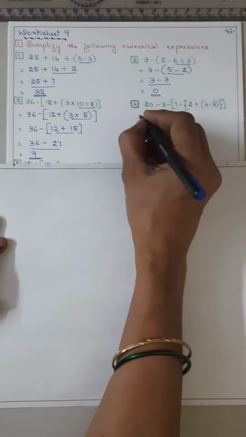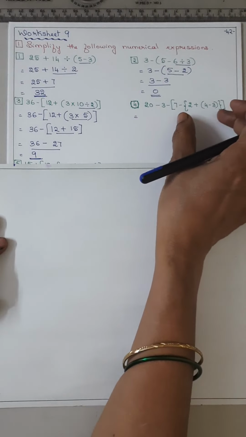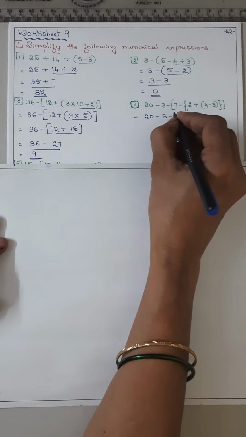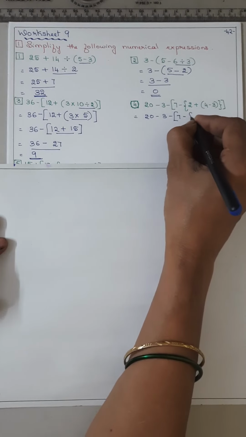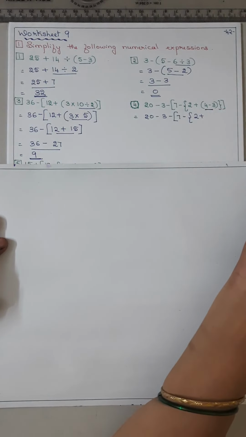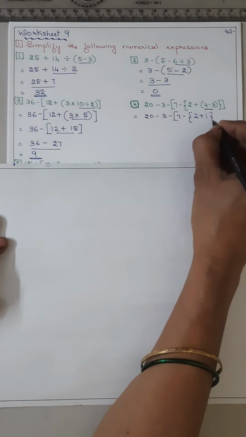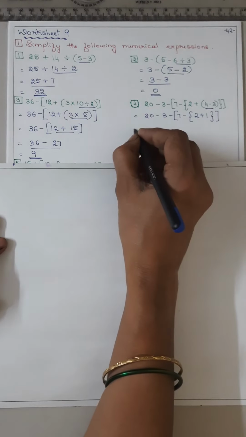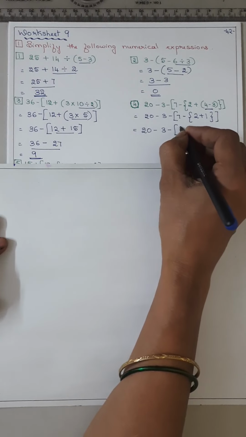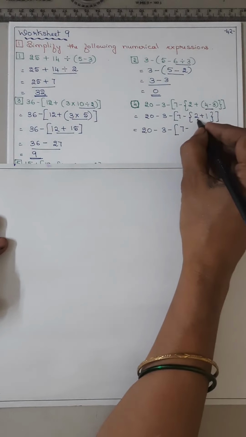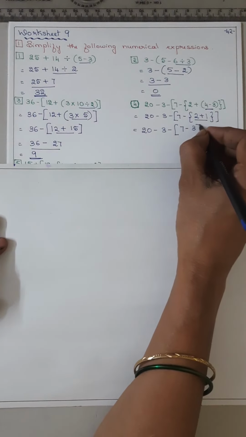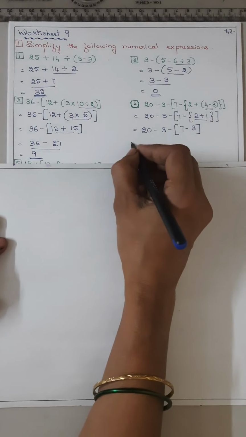Now coming to the fourth sum, we have to first solve the round bracket. So till there, as it is, you have to go on writing 7 minus curly bracket 2 plus underline 4 minus 3, that is 1, close the brackets. Next step, 20 minus 3 minus square bracket 7 minus curly bracket, inside 2 plus 1, add, you will get 3, close square bracket.